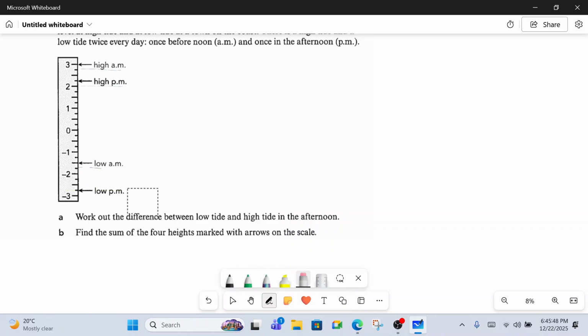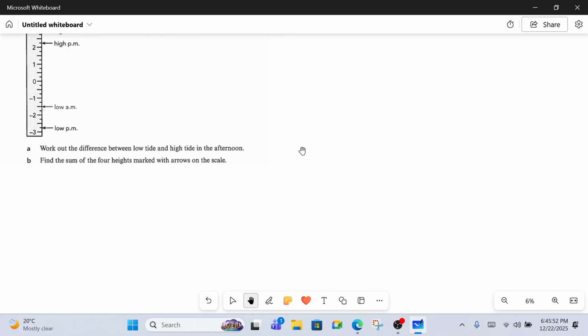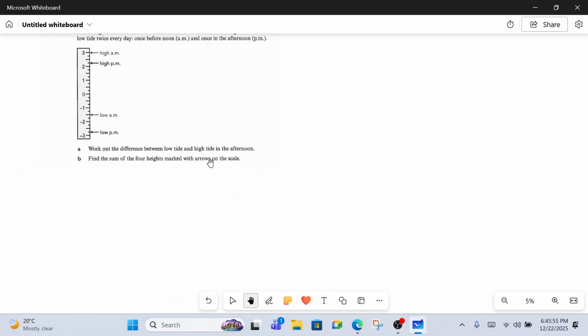Let me just erase these real quick. They asked us to find out the sum of the 4 heights marked with the arrows. I already marked it down for you guys, so I'm just going to write this down here. So what's marked with an arrow? It's going to be positive 3 plus 2 plus negative 1 plus, what's this?